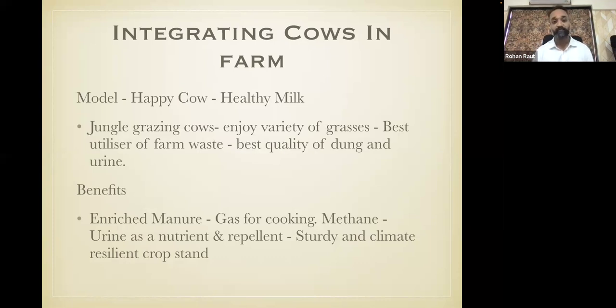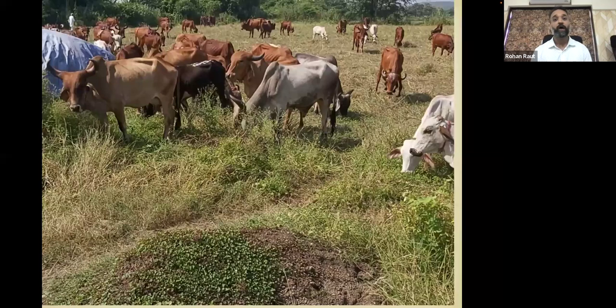In this way, we generally send cows for grazing. This was after the harvesting of the soya crop, just adjacent to my farm. The cows enjoy a diversity of grasses in the farm.